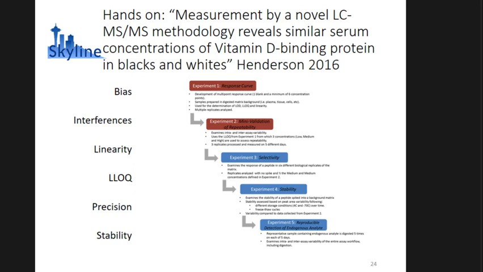Let's do 2 in the back, and the 2 gentlemen here do LLOQ. Let's do this side, if you guys can do precision, and then here do stability.